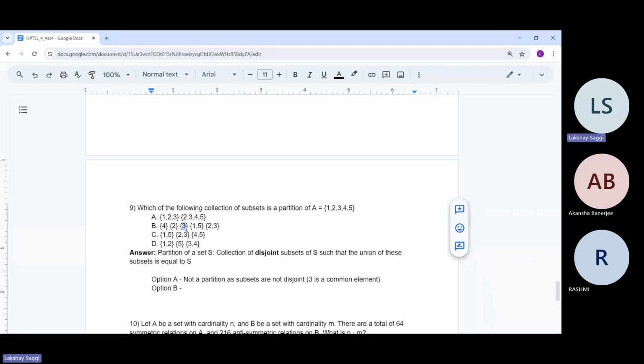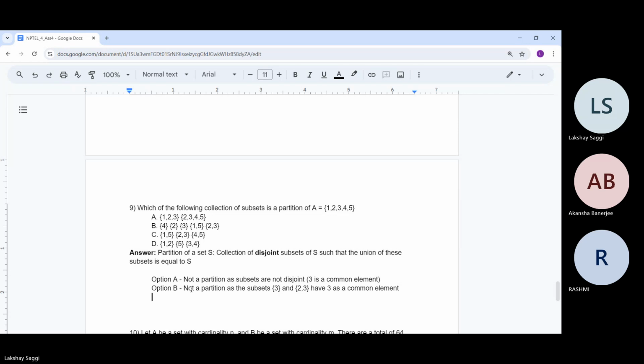Since 2, 3 and the other subset have a common element 3, this will not be a partition, as the subsets have 3 as a common element. Right.